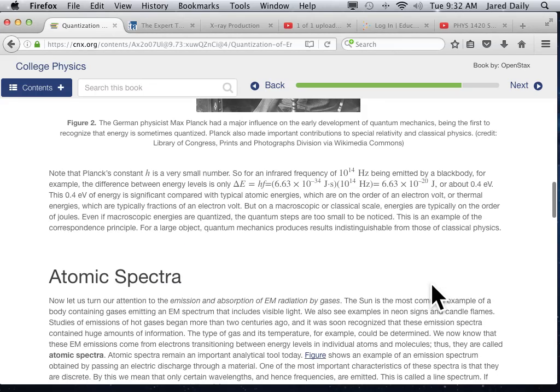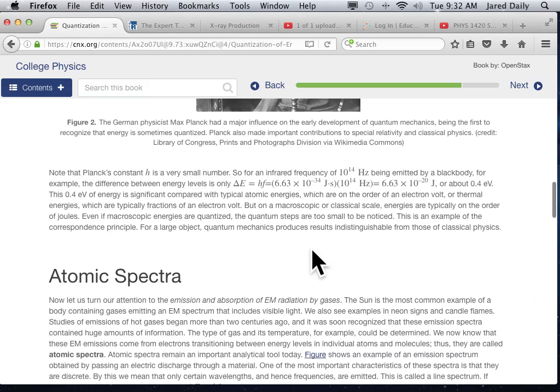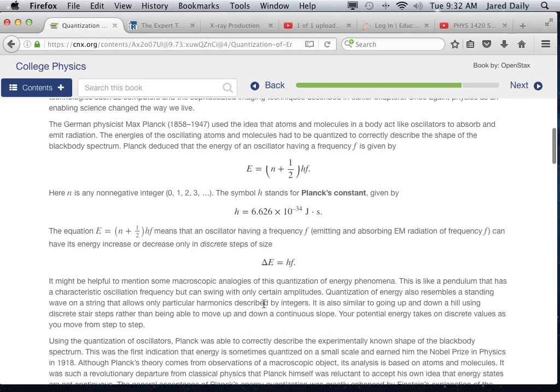this experiment done by Max Planck, this whole idea, was called black body radiation. We refer to it all as black body radiation, but this idea here is one of the first ideas of the quantum mechanics world, that energy that's coming from objects that give off light is quantized, or in other words, can be counted into little particles, can be separated into these little tiny blocks that are equal to Planck's constant, which is this tiny bitty number, times the frequency of the light.